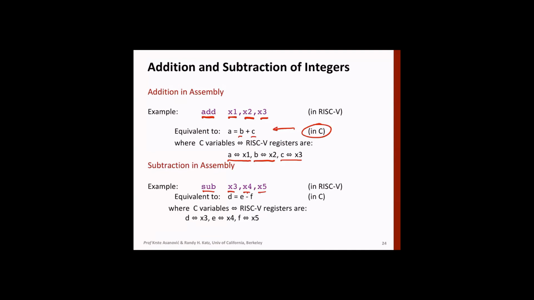So in C, if the statement is D is equal to E minus F, then the contents of x4 correspond to E, the contents of x5 correspond to F, and the result, which corresponds to D, will be stored in register x3.